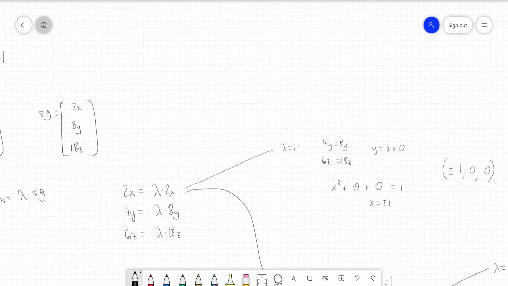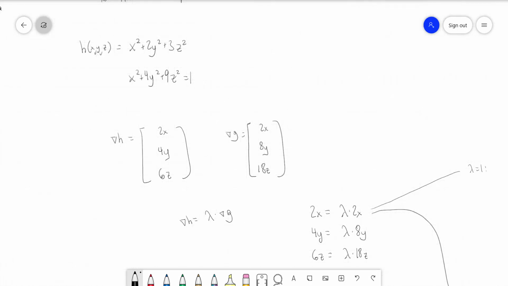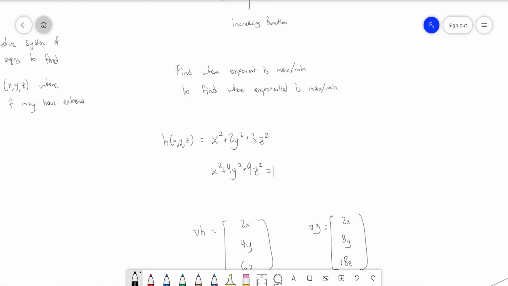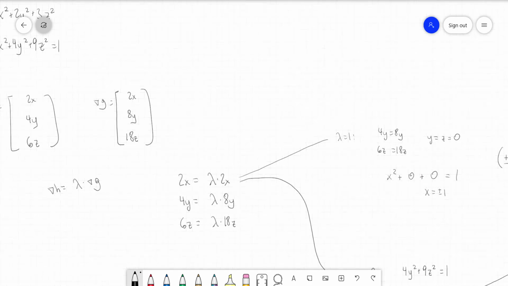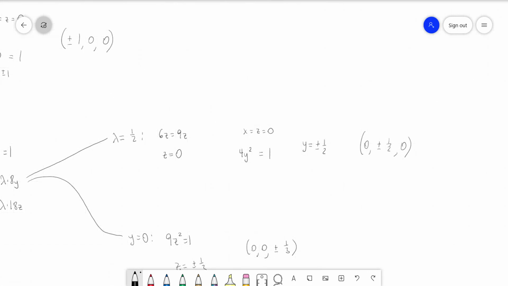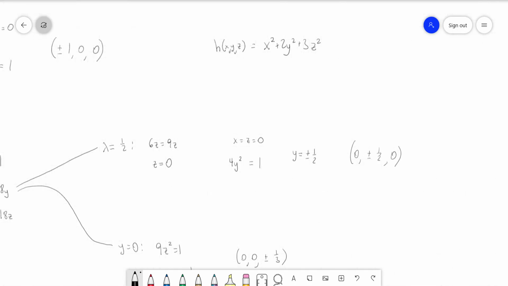So I'm going to plug them all into H to see which one gives me the largest value and which one gives me the smallest value. I'll just do it over here. Okay. So when I plug in the first, you would plug in 1, 0, 0, and then plug in negative 1, 0, 0.